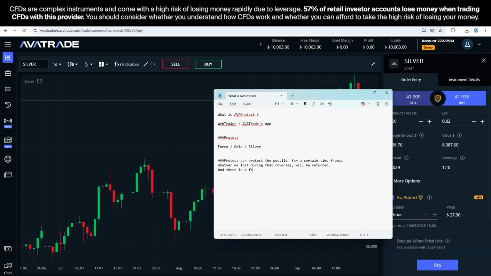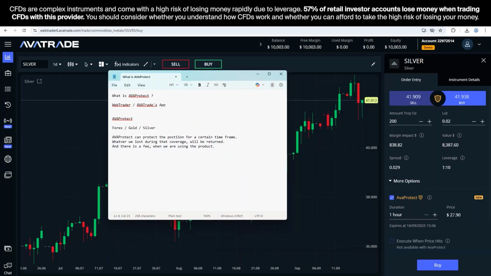And there is a fee when we are using the product. The fee, as you can see, is displayed right here and will change dynamically according to two factors. One factor is the size of the position.